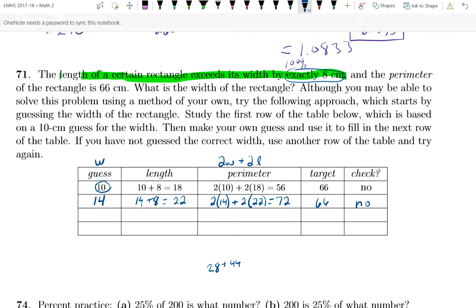So does our next guess have to be bigger or smaller? Smaller. What's our guess then? 12.5? 12.5 is our guess. Our length would be what then? If our width is 12.5, the length is 20.5.